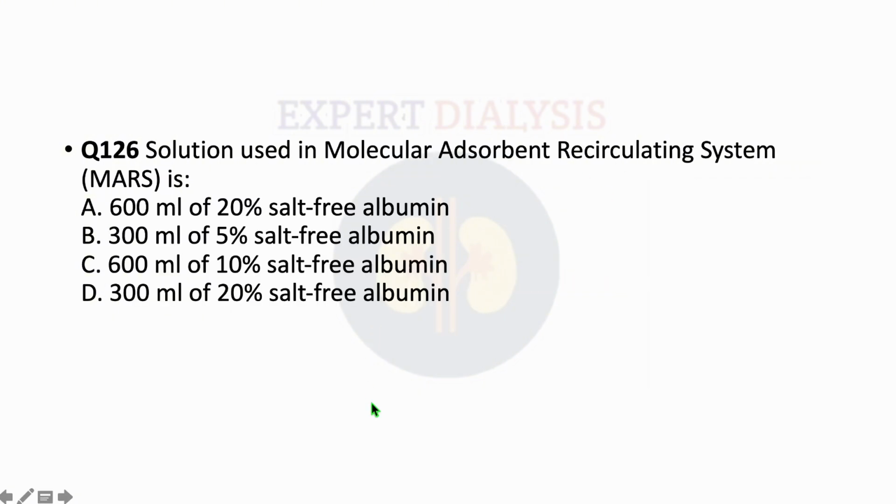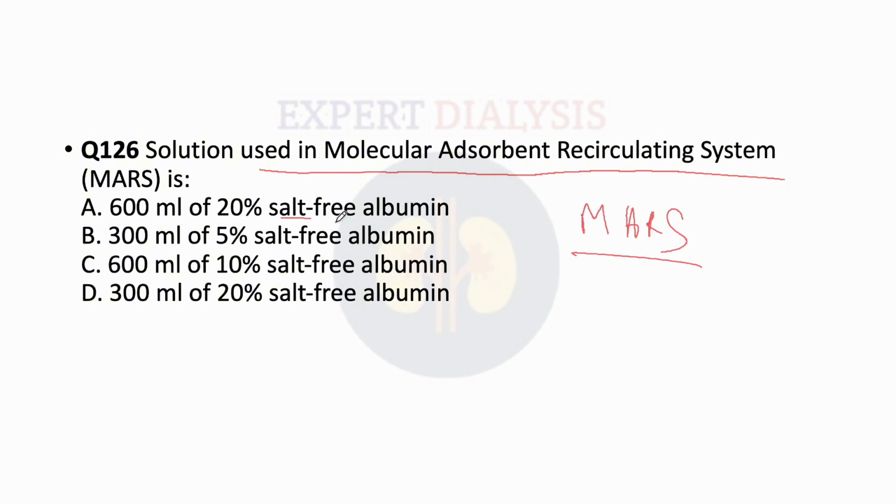Moving to the next question, it says solutions used in the molecular adsorbent recirculating system, that is MARS. The options are 600 ml of 20% salt free albumin, 300 ml of 5% salt free albumin, 600 ml of 10% salt free albumin, and 300 ml of 20% salt free albumin.